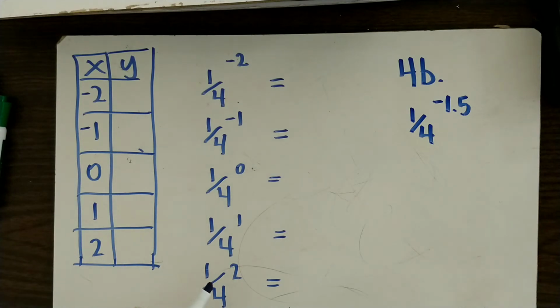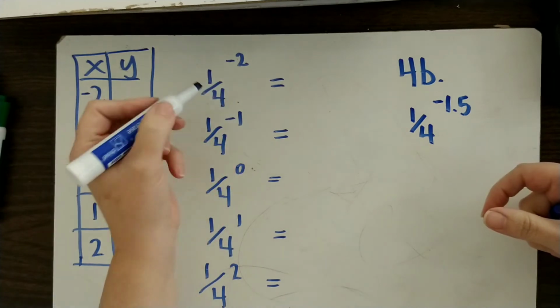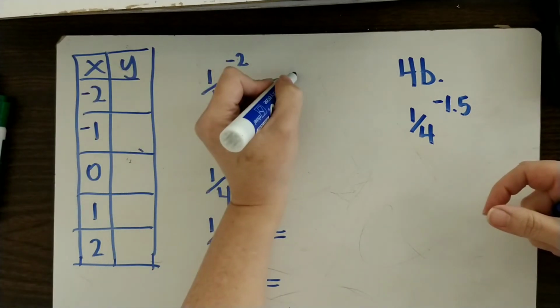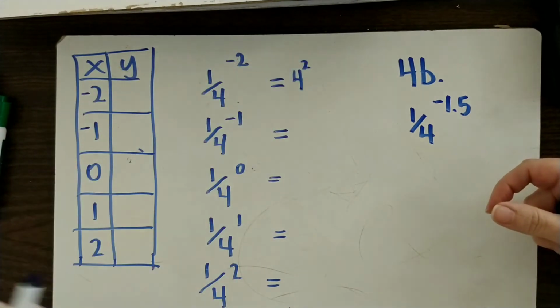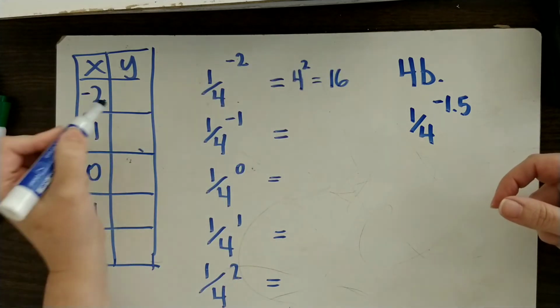When we start out with 1/4 to the -2 power, I hope that you remember when we have negative exponents, that means to flip your fraction, and then it becomes 4 squared, which is 16.